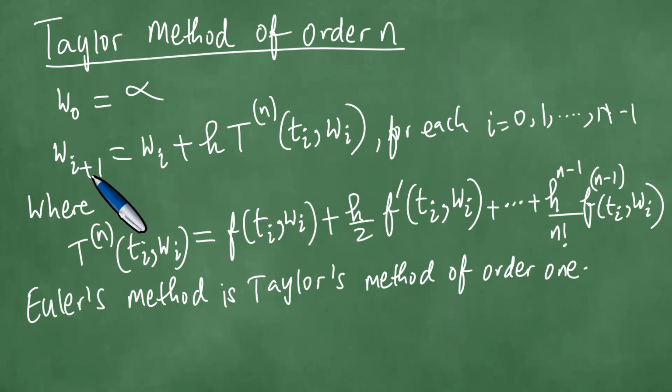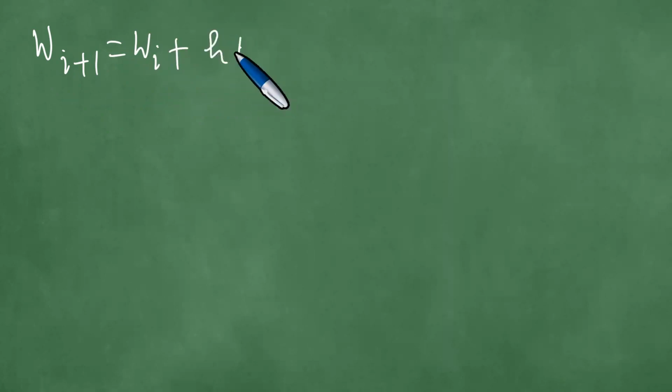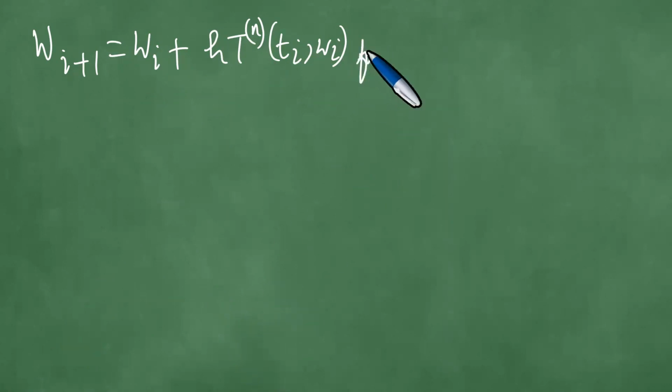Because the formula will say to get the rest of these, Wi plus 1 is Wi plus h Tn of ti, wi. This is the nth order derivative. So just take note of exactly that there. And then obviously this is for each i.